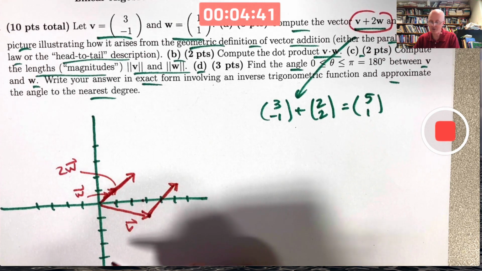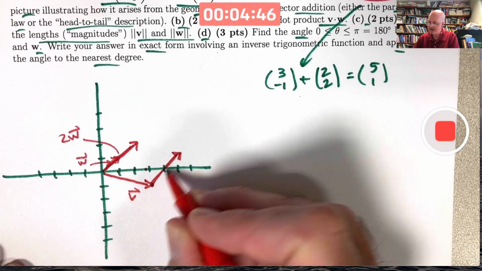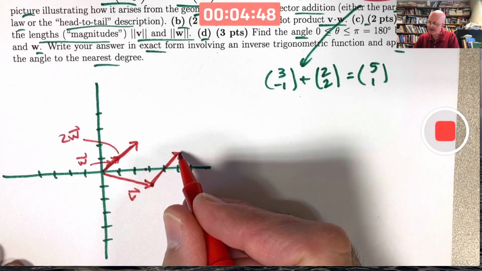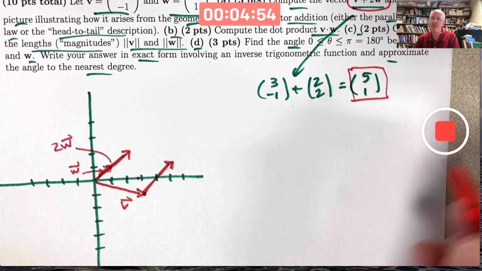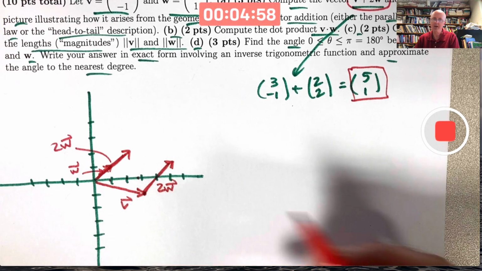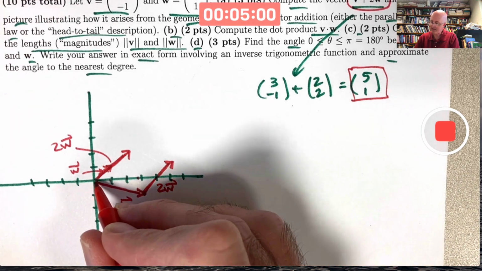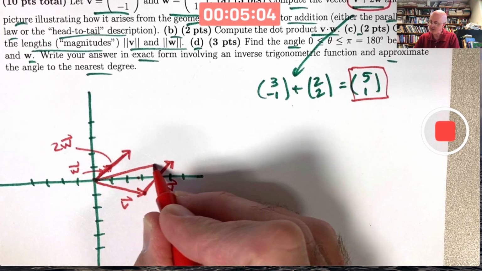This is not a perfect drawing. These are supposed to be parallel to each other, and you can tell they're not exactly parallel. It's going to bring us to an ending point at a point whose coordinates are 5, 1, as we found for the components of this sum v plus 2w. This is really another copy of 2w, and that means the sum, if I start its tail at the origin, is this vector right here.